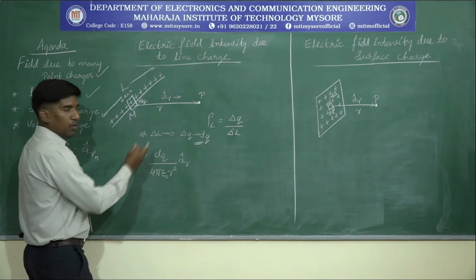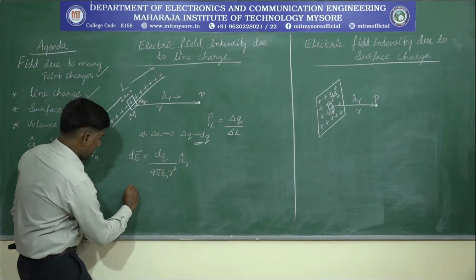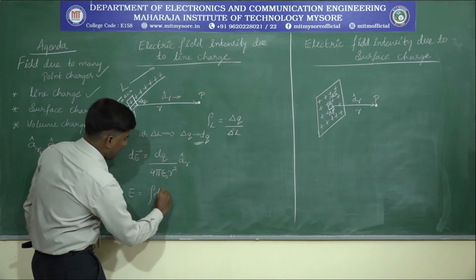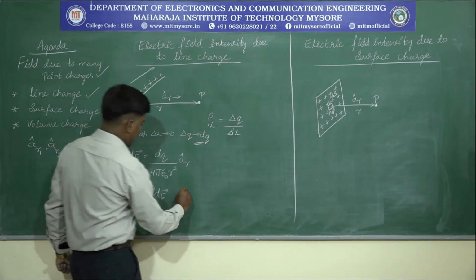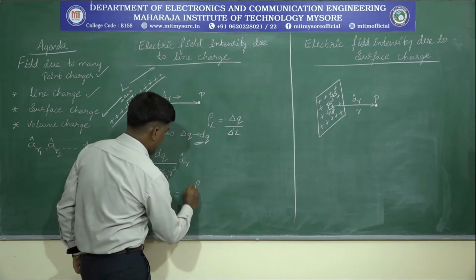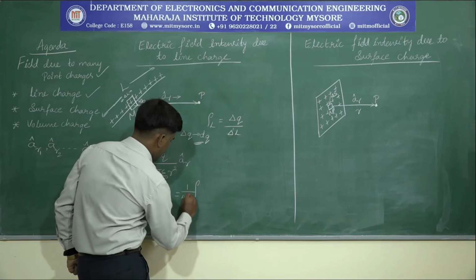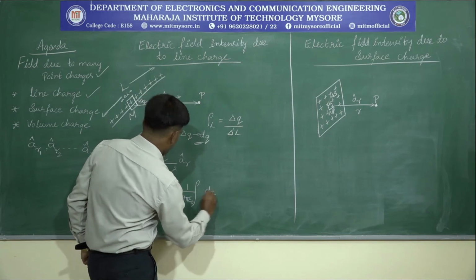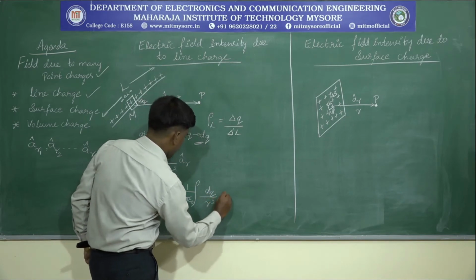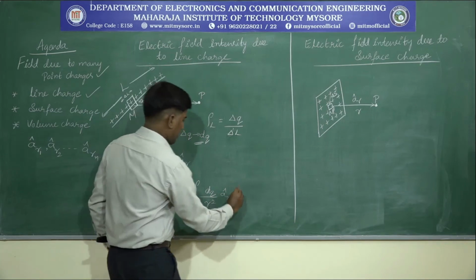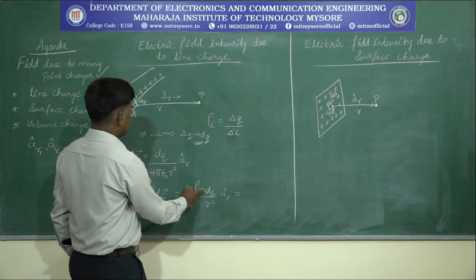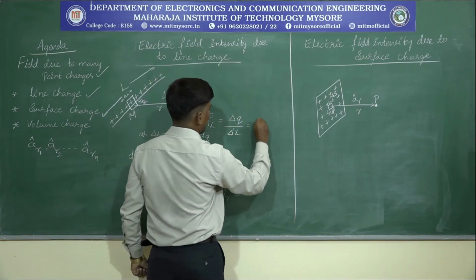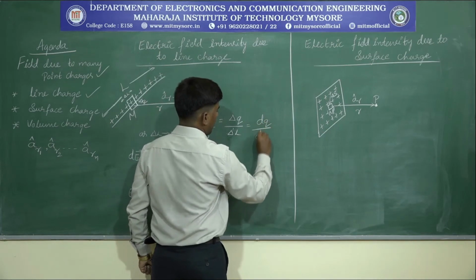So the overall field intensity at point P is given by E is equal to the integration of dE. In a similar fashion, we can write the integration of 1 by 4 pi epsilon naught into dQ divided by r square into a cap r. In the next step, I replace dQ by rho L into dL, since rho L is dQ by dL.